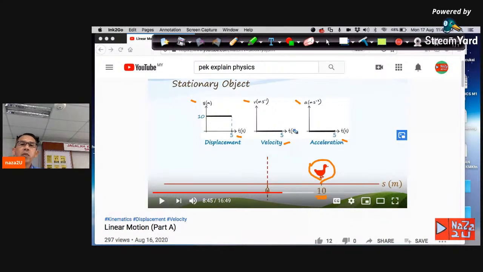So now if you look at the graph here, we have different types of graph. S versus T, we have a magnitude of displacement of 10, right? And graph V versus T, we don't have a magnitude, but this is 0, right? And this is acceleration versus T, this is also 0.